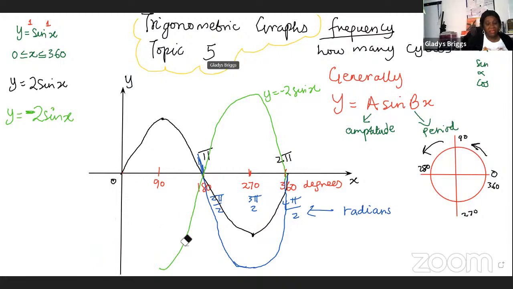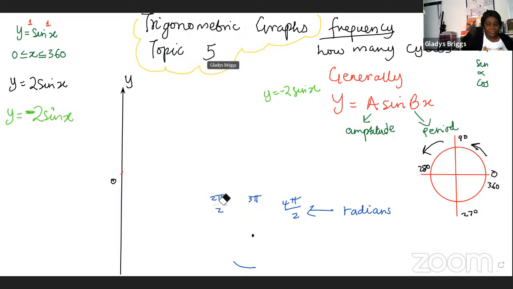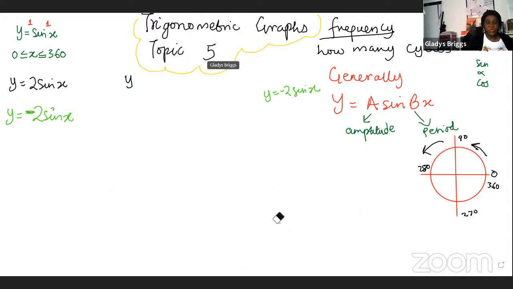In fact, let me take them all off, so I can make a smaller one, because it's taking up too much space on my board. So let's make a smaller one and we'll leave it here.